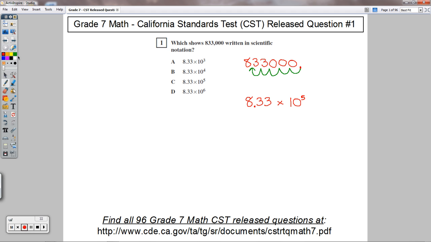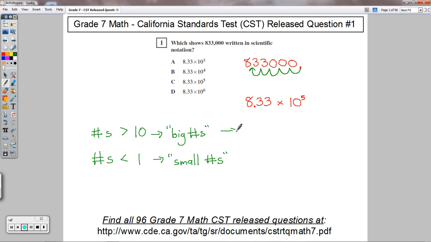I tend to think of numbers like this one to start, numbers that are greater than 10. So numbers greater than 10, these are what I like to refer to as big numbers, and numbers that are less than 1, I refer to them as small numbers.